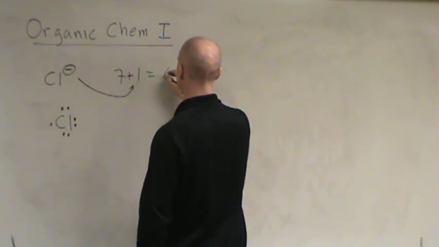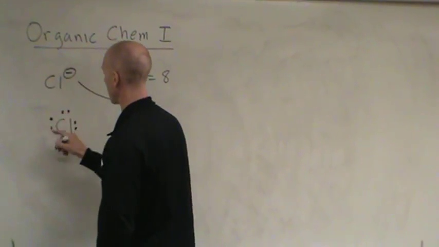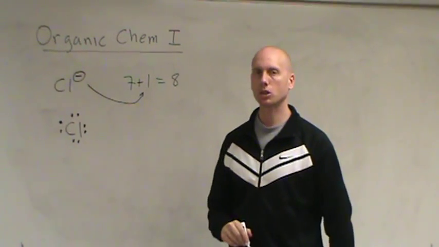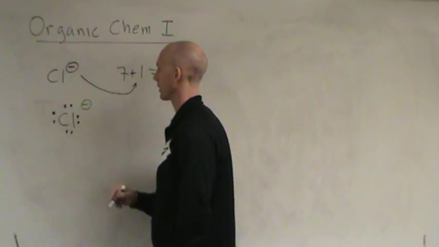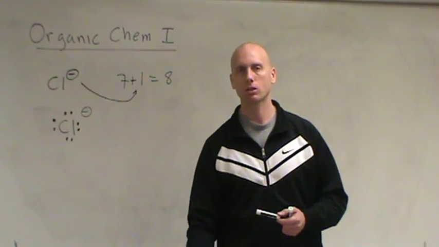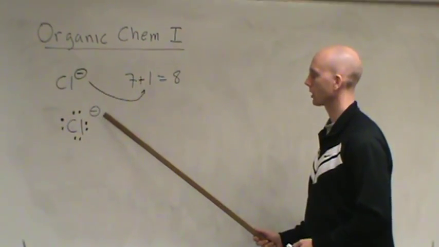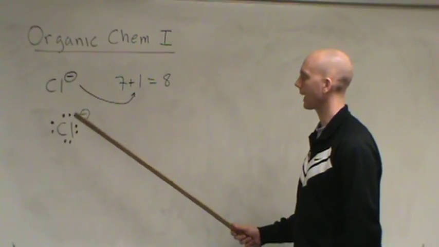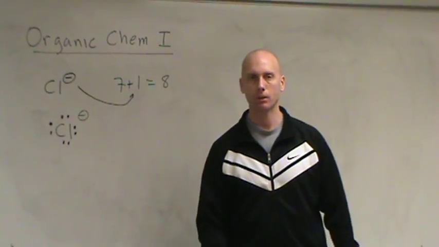So this would have a total of 8. And I would add it here to the single to pair that up. And so this would be the Lewis dot symbol for Cl-. Okay? So anytime you see a negative charge, tell yourself I have to add one to that particular atom.